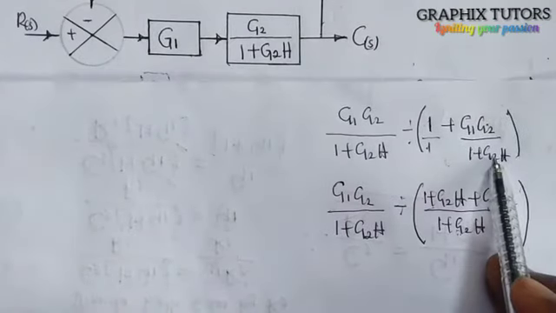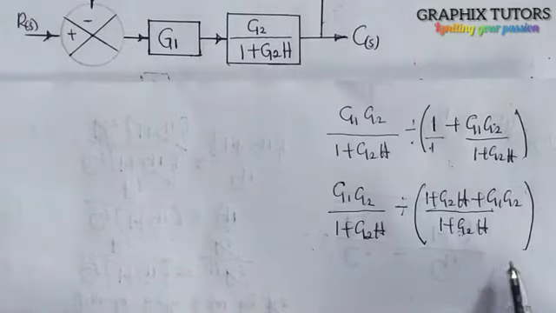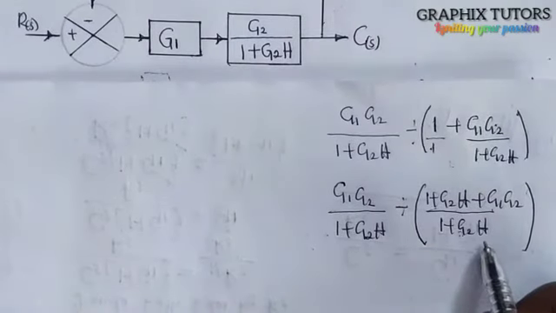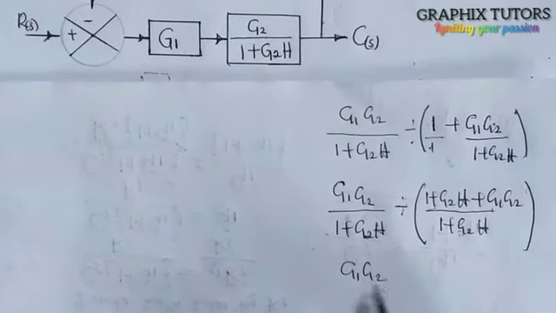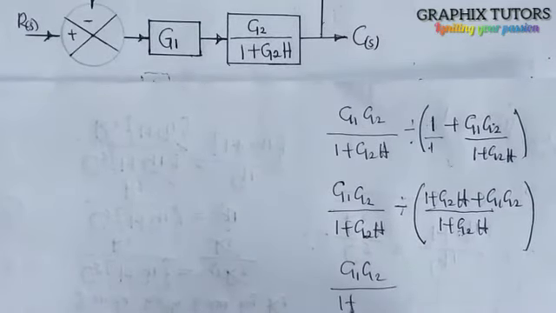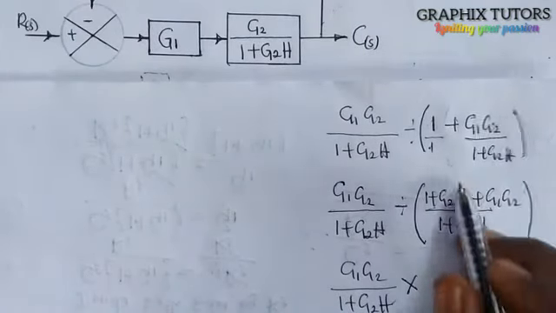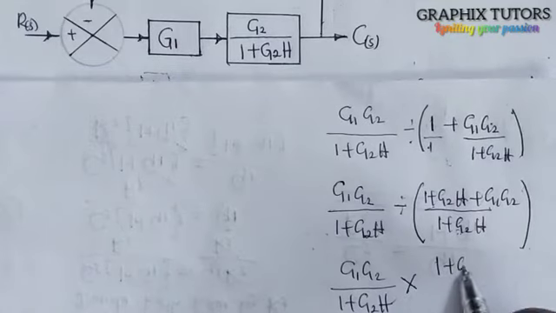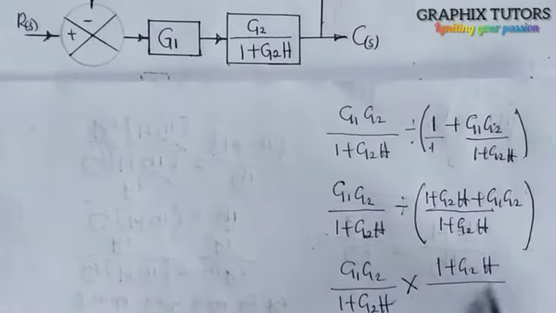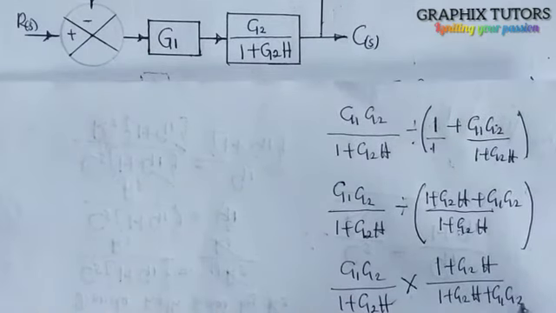So from here, if I rewrite this again, I'll be having G1 G2 all over 1 plus G2H. If I change this to multiplication, this will change position. So we're having 1 plus G2H all over 1 plus G2H plus G1 G2.